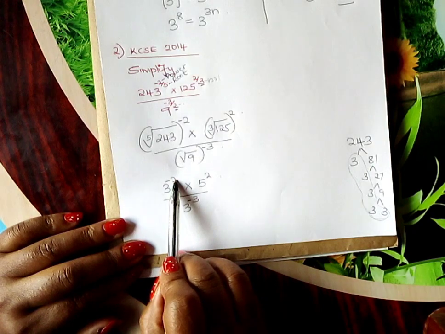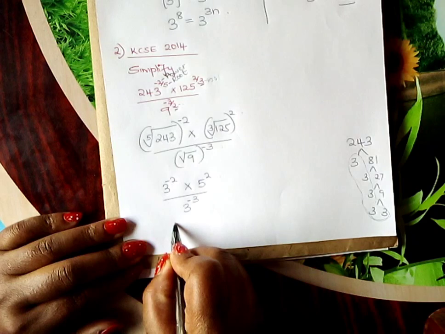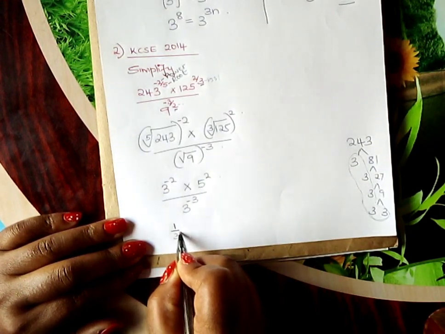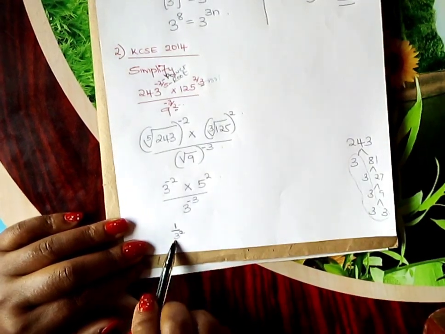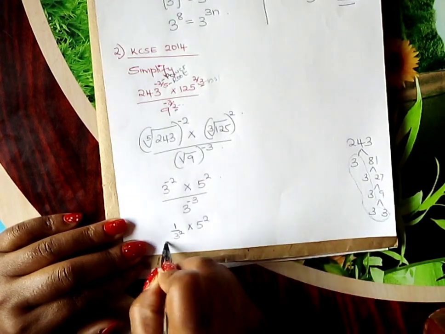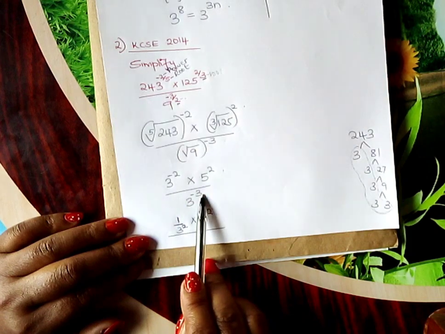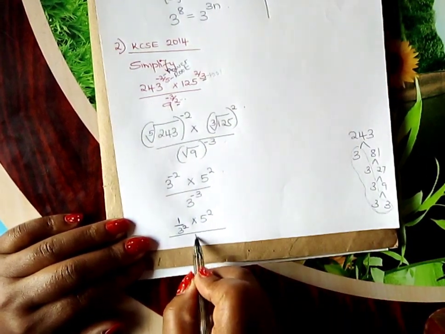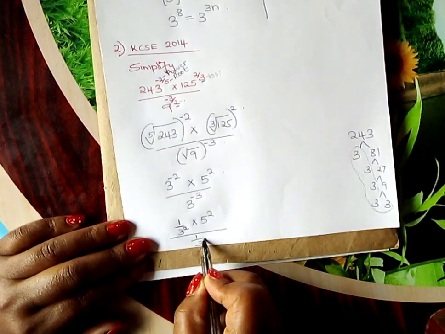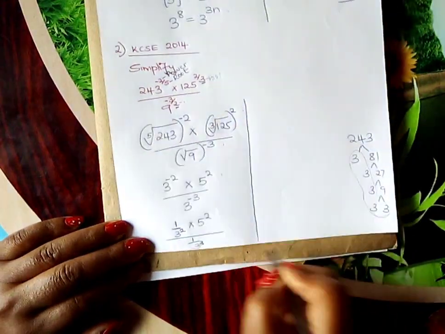Good. So from there we come to these. 3 raised to negative 2 is what? Any number raised to a negative power is the same as the fraction 1 over the number raised to a positive power. So it is 1 over 3 squared, times 5 squared, which is 25, divided by, we do the same here: 1 over 3 cubed.